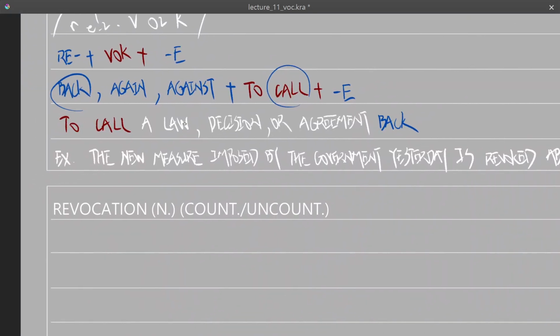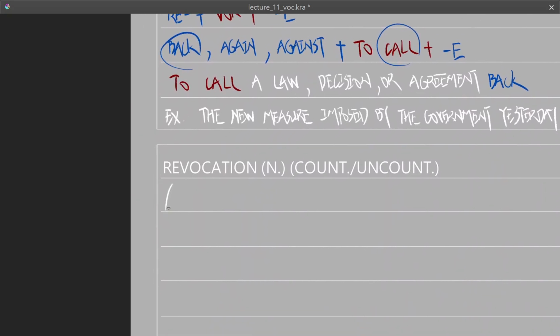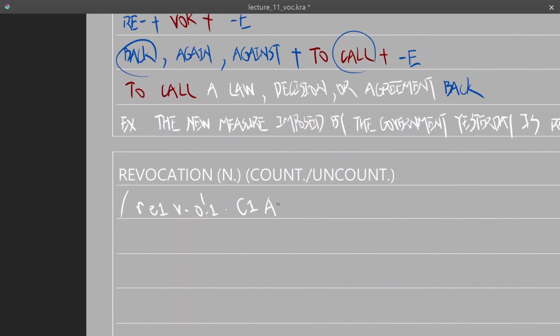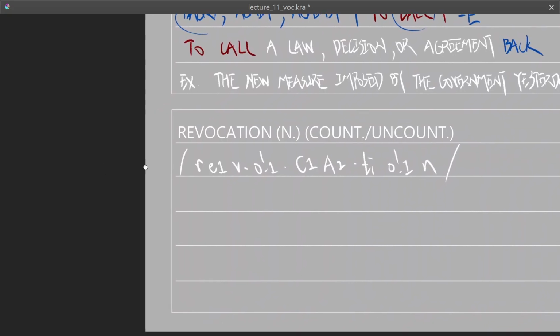Right, next we have revocation. Alright, revocation.